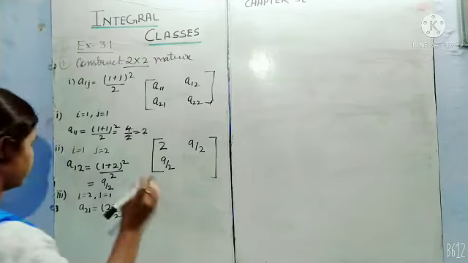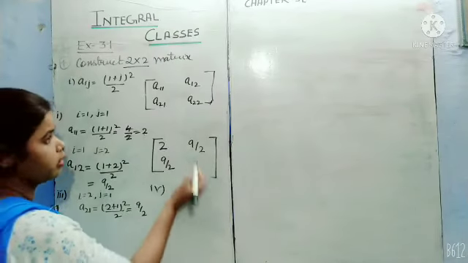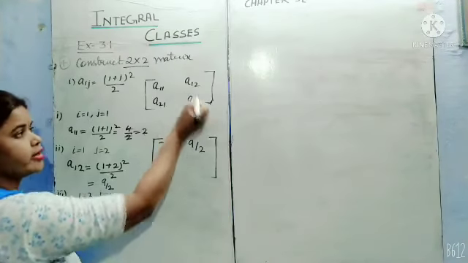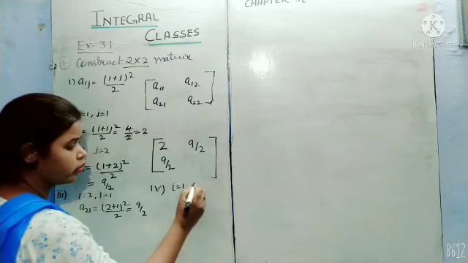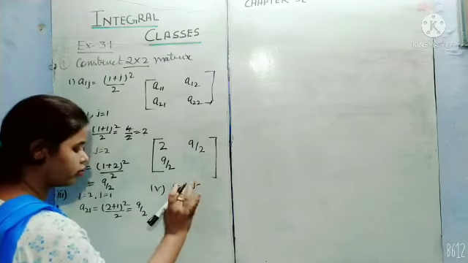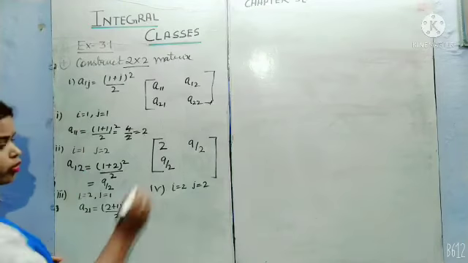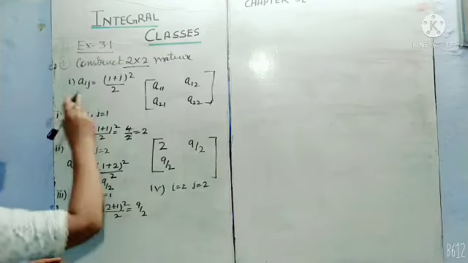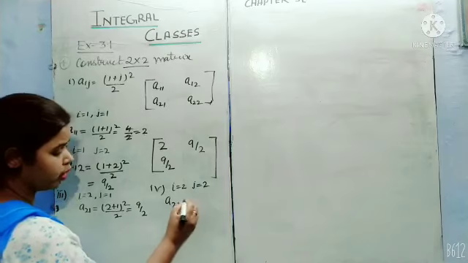Now the fourth case is the second row and second column. So therefore we put i equal to 2 and j equal to 2. So now we get the value for A22.